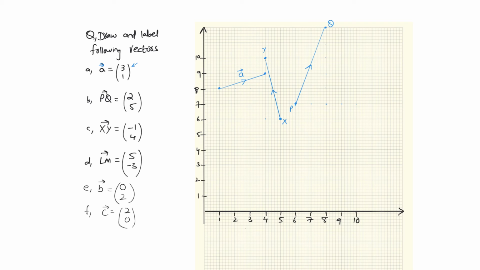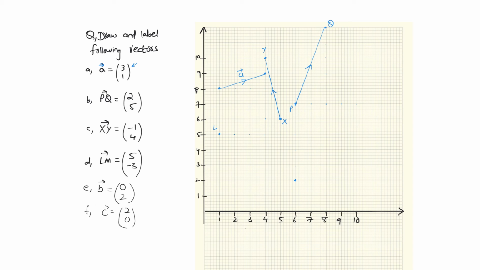So if this is my starting point L, I'm going to move 5 units in the x direction. 1, 2, 3, 4, 5. And then -3 indicates that you have to go down. -1, -2, -3.